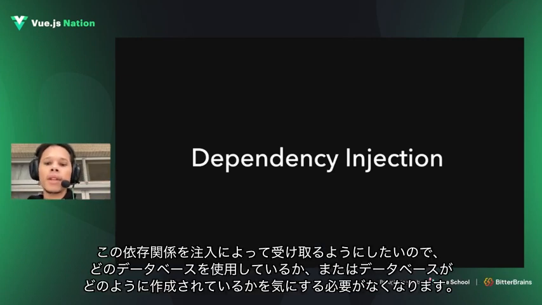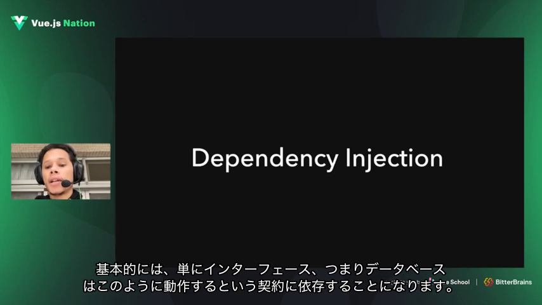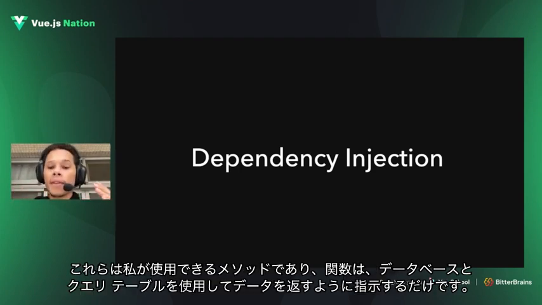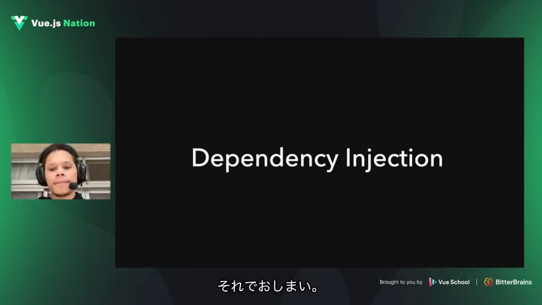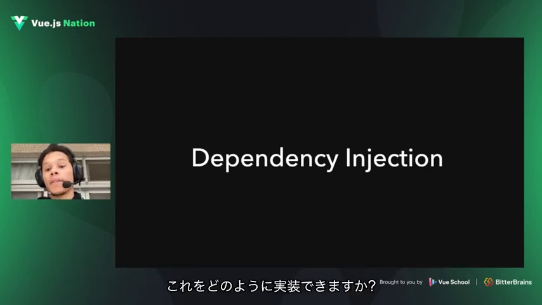We want it to receive this dependency by injection, so it would not have to care about which database it's using or how the database is created. It would simply rely on an interface, a contract of, okay, this is how the database works. These are the available methods I can work with. And the function would just have to say, okay, I use the database, I query a table, and I return the data. That's it. How can we implement this?